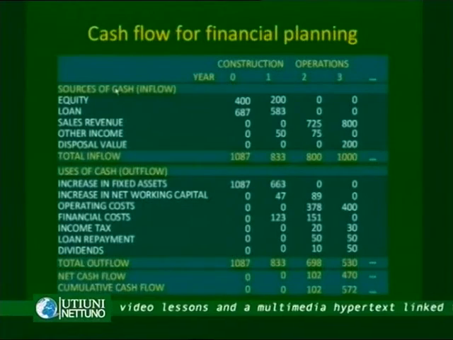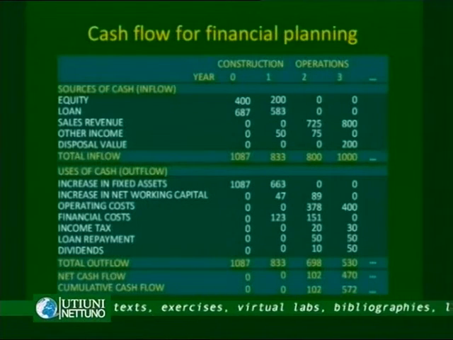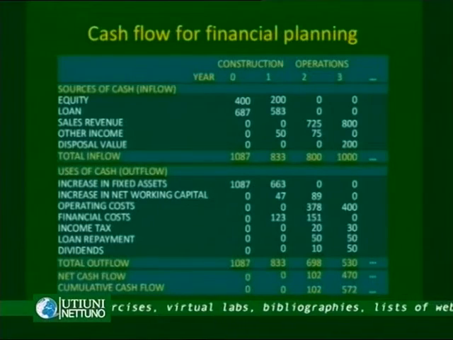So it's important that the sources of cash flow always totally cover the cash outflows in order not to have negative cumulative cash flow. So this is the main reason why we prepare the cash flow for financial planning.